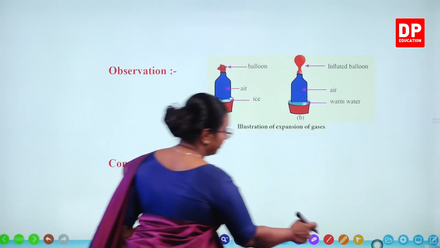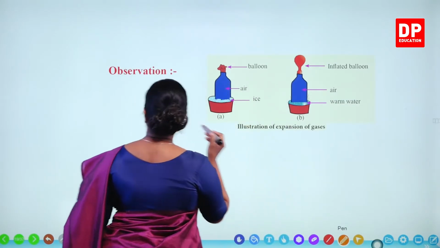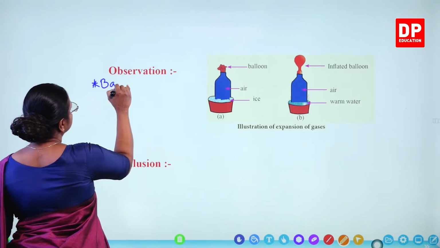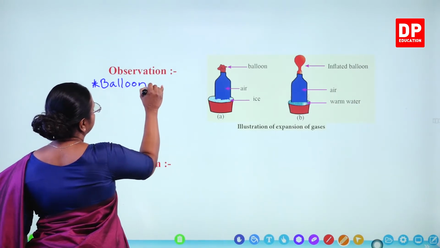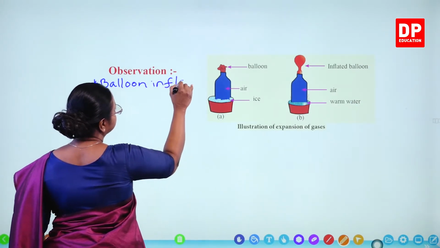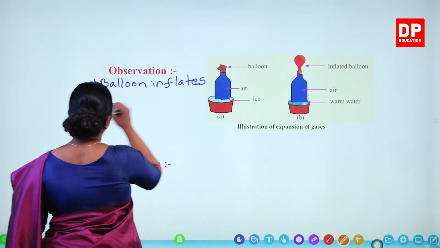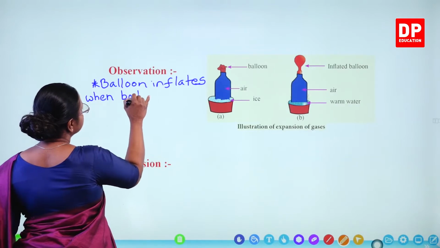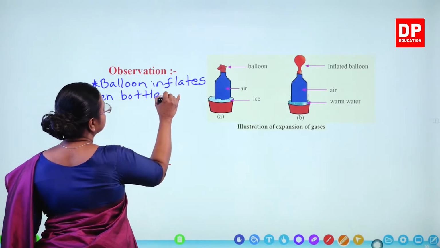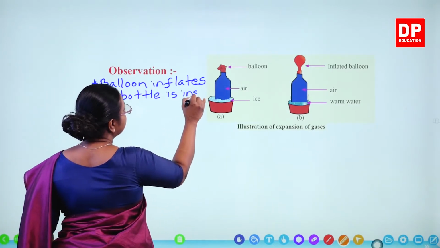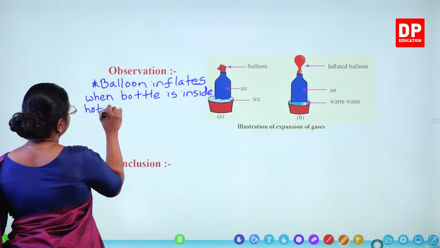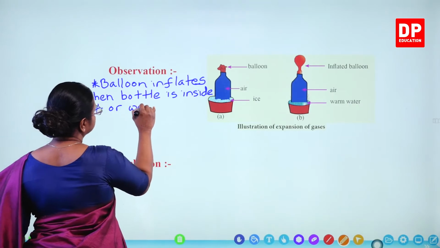So here, if we write the observations: balloon inflates when bottle is inside hot or warm water.